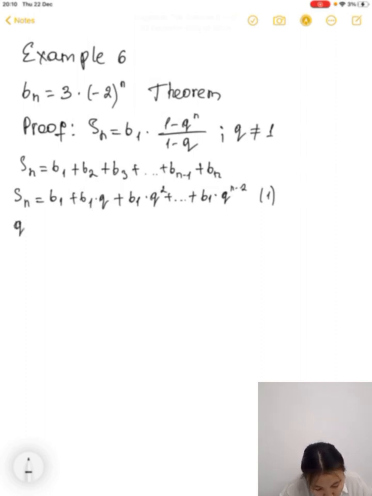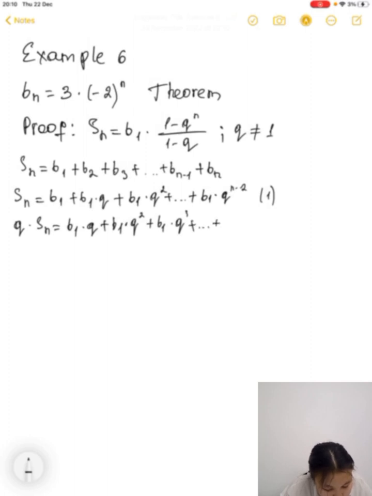And q times S sub n is equal to b sub 1 times q plus b sub 1 times q squared plus b sub 1 times q cubed plus and so on, plus b sub 1 times q to the power n minus 1 plus b sub 1 times q to the power n.